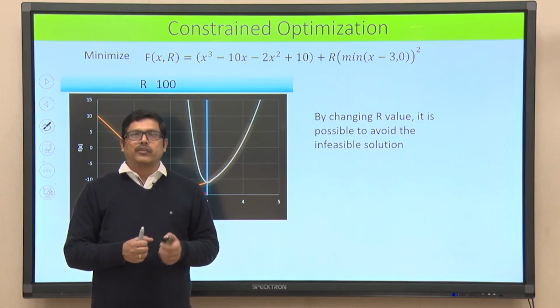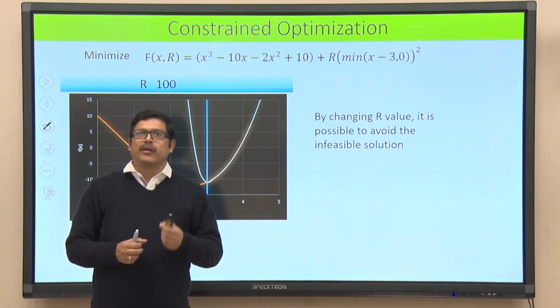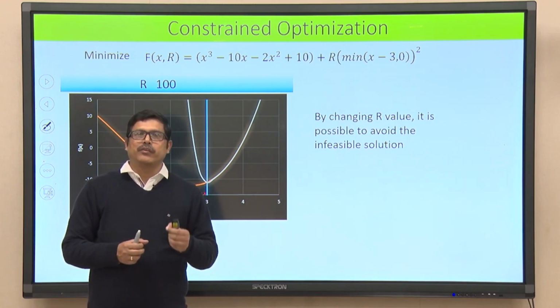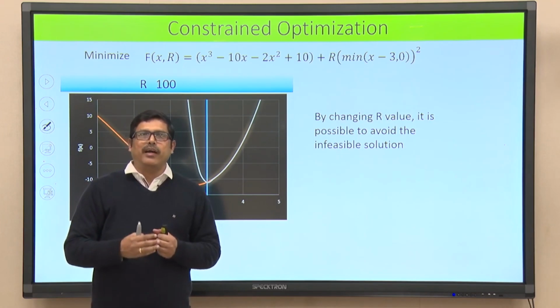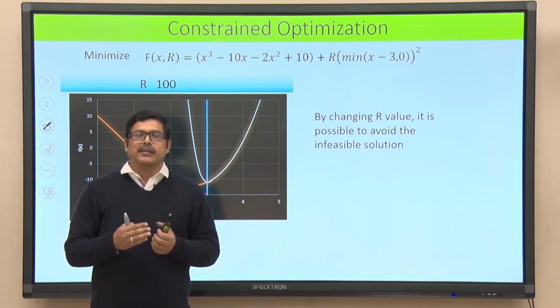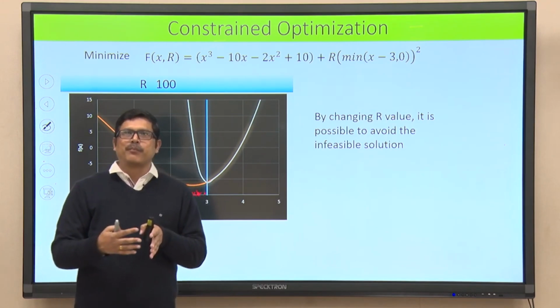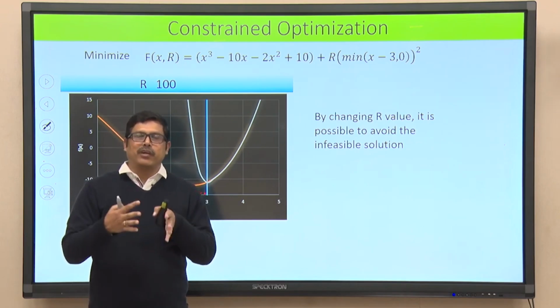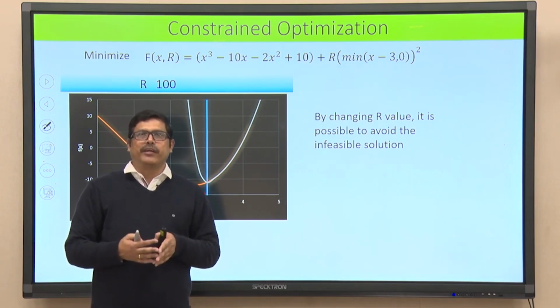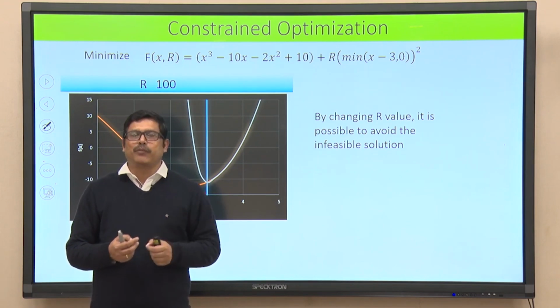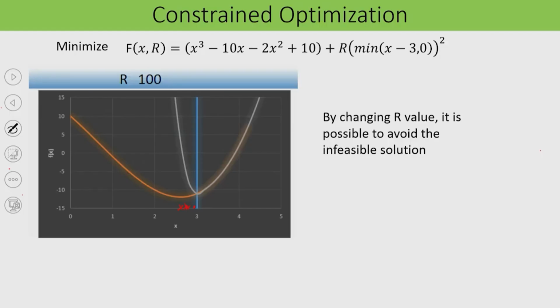So, in this case, we have to start with a smaller value of r, and then we can increase the value of r in a step manner, and for a large value of r you will be getting the constrained minimum solution of this problem.